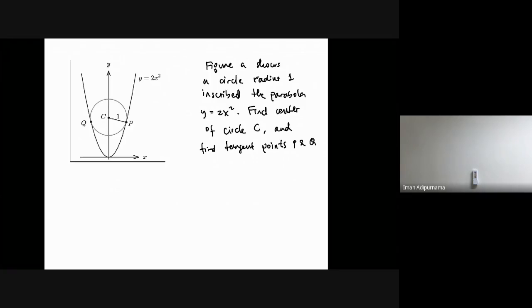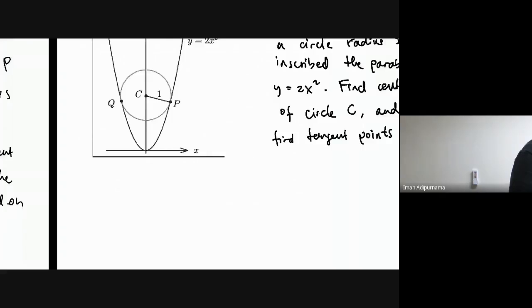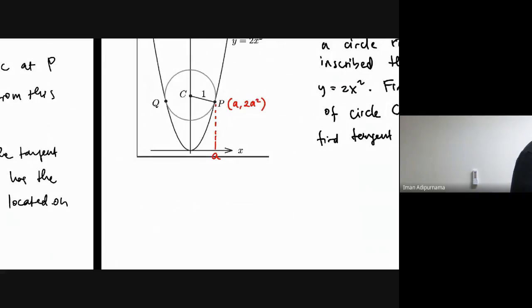And the C is just, let's say, (0, C) because it's on the Y axis, right? So maybe you can write this as (A, 2A squared), okay? And this is (B, 2B squared). And it's just (0, C), right?